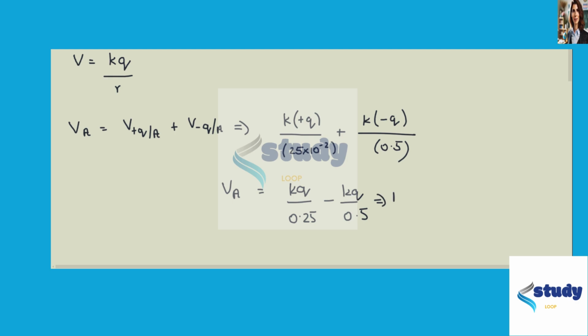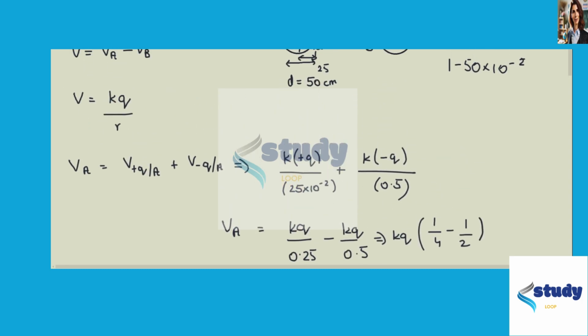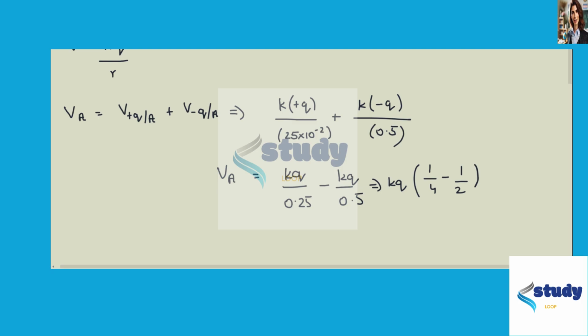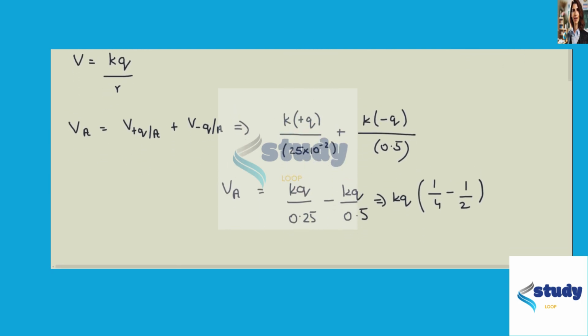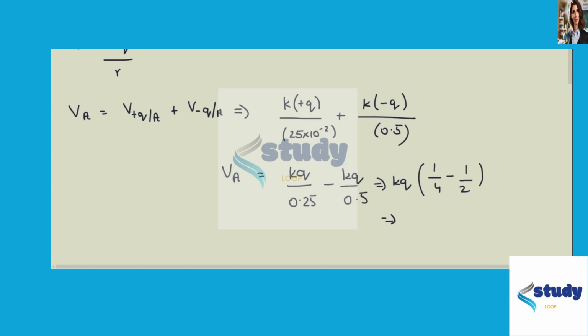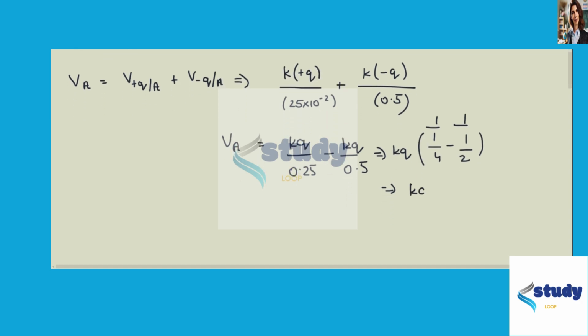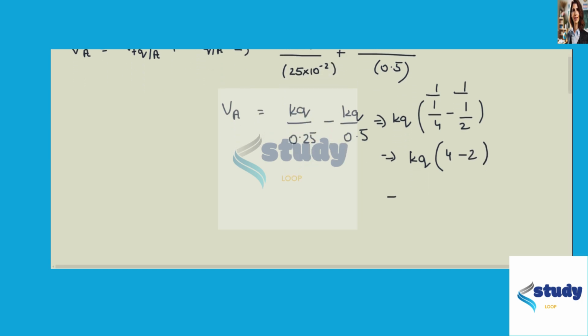We can factor out a KQ, and what we're left with is 1 over 1/4 minus 1 over 1/2. That gives us KQ times 4 minus 2. That gives us 2KQ as our potential at A.